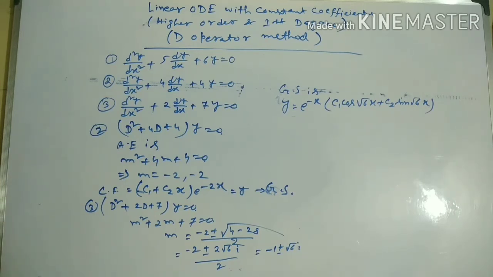So you practice and find the complementary functions for various cases. In the next video I will discuss how to find the particular integral. Then we can solve this type of sum completely, CF plus PI. Then we will find the general solution, y equal to CF plus PI.